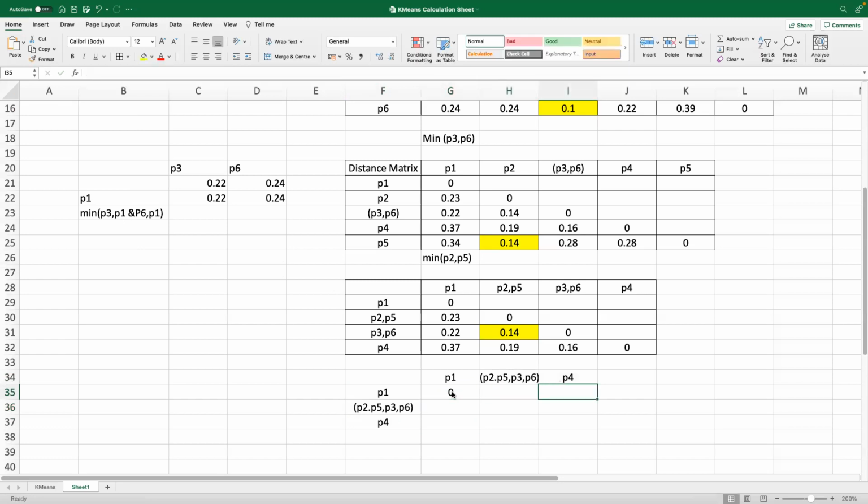This is 0, this is 0, this is 0. What is left out? P3, P6 is 0.22, this would be 0.37, this would be 0.14.